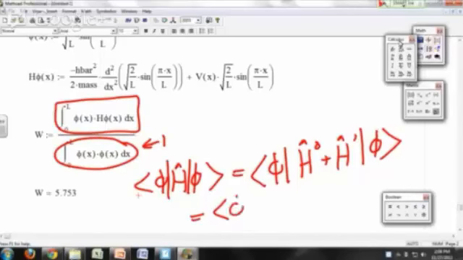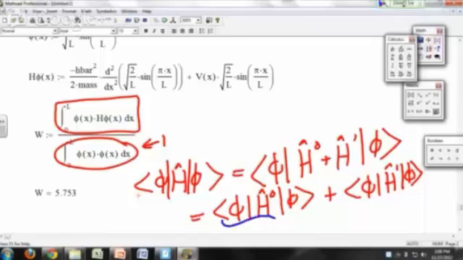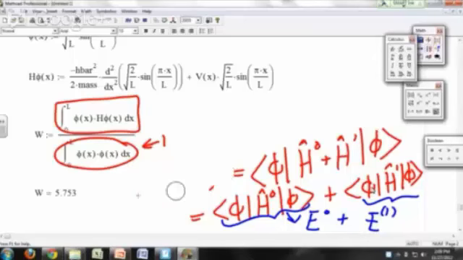We can write this as phi h naught phi plus phi h prime phi. Right? But what is this first term right here? That's just your E naught, your zero order energy. What is this term right here? In perturbation theory, that's called your first order correction. So you get the same answer. Okay? Of course, they're both not perfectly accurate, because we are doing approximations here.